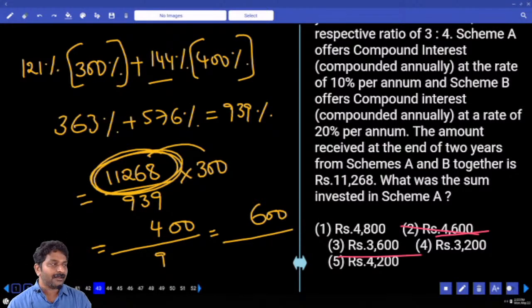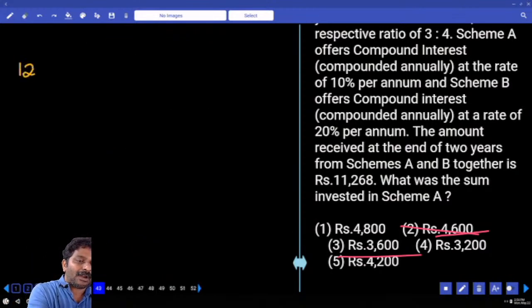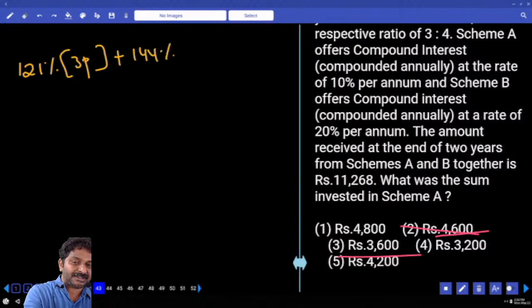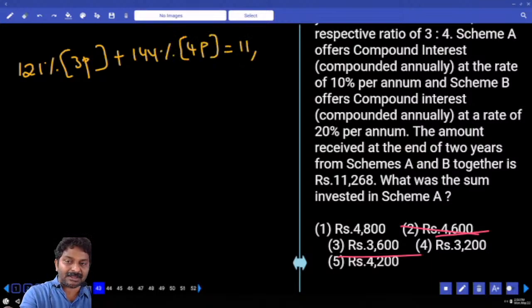Yes. So without this much calculation, what are we doing? 121% of 3 parts, 144% of 4 parts is equal to 11,268. The right hand side number is a 9 multiple.